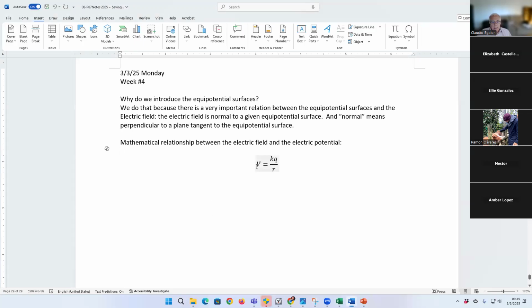It's going to be like that: E equal to minus delta V over delta r. And there is a negative sign here as well that dictates the direction of the electric field.